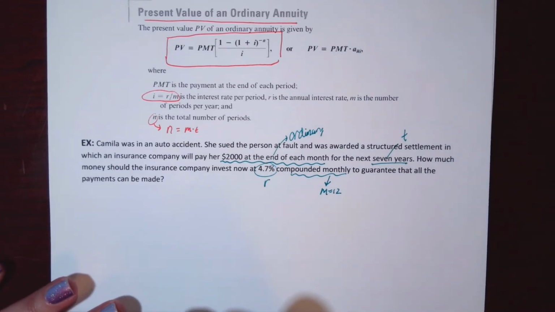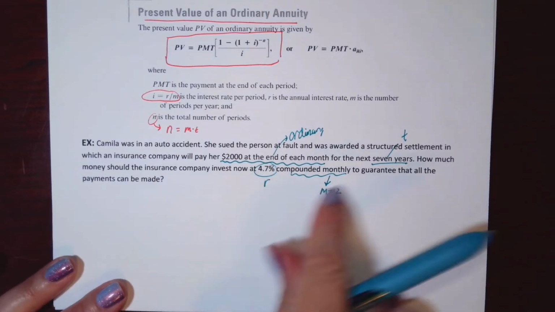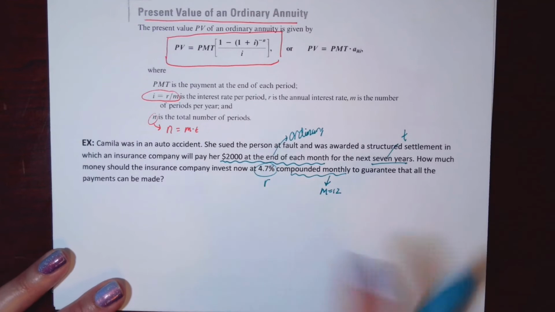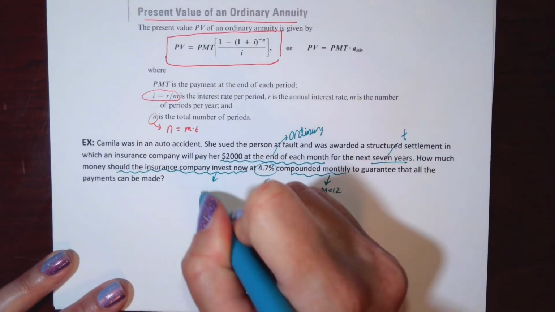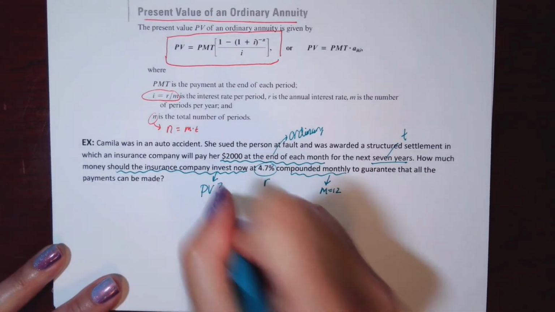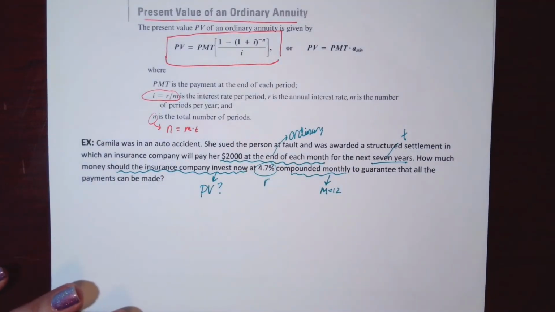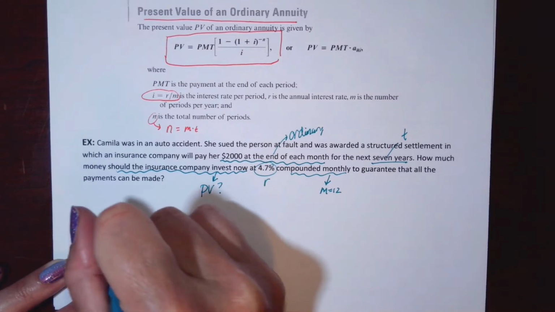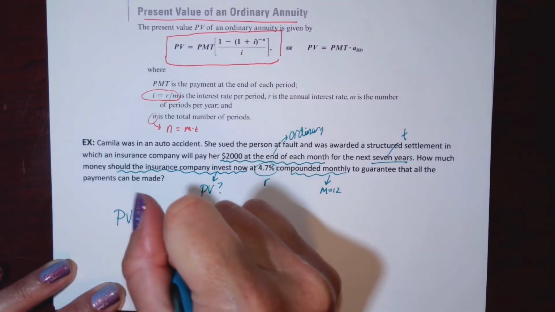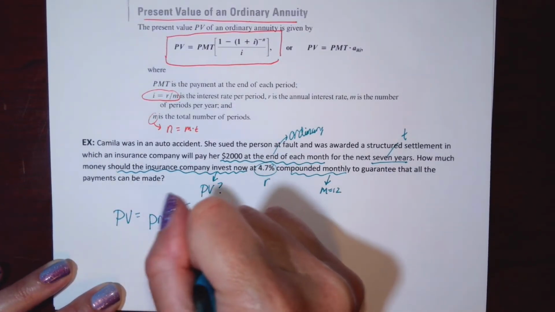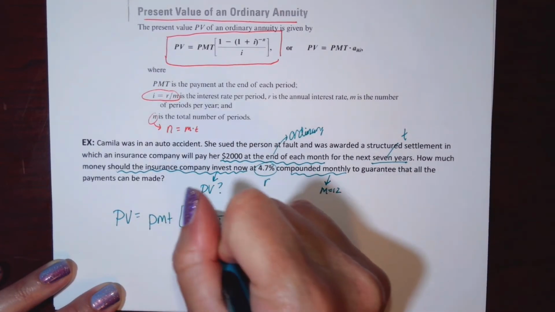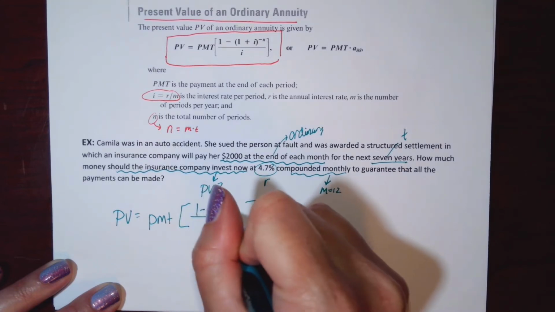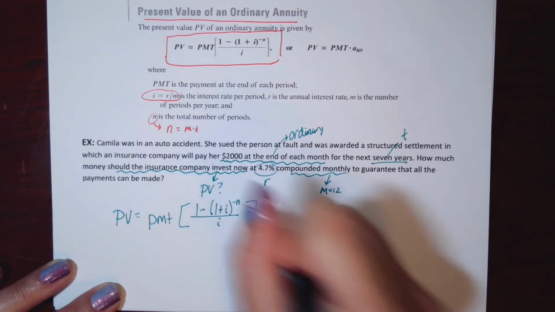So notice that I'm marking things as I read so that I know what I have. How much should the insurance company invest now? That's present value. So we're trying to find present value. Okay, so our present value formula for an ordinary annuity, payment times, and then inside my brackets, I have 1 minus, and then inside parentheses, 1 plus I to the negative n power.